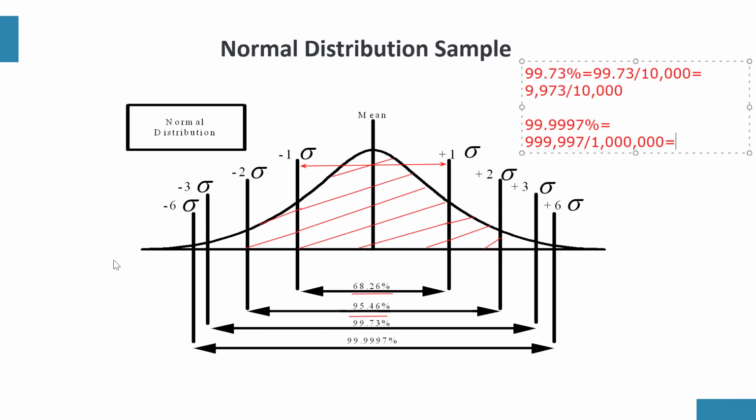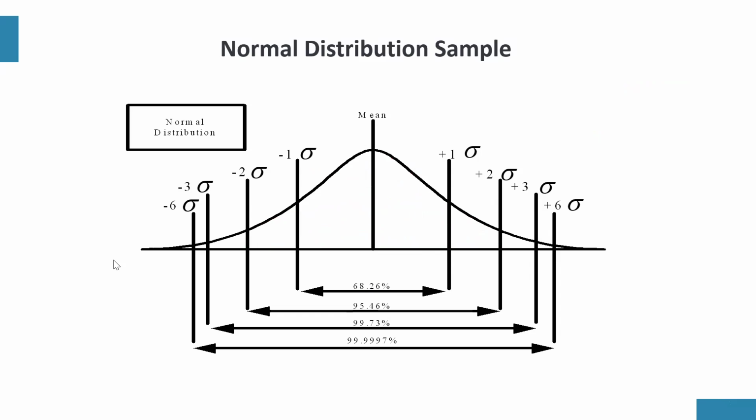If they say you're operating at 3 sigma, just know that they're talking about 99.73% in terms of the proportion of the population that are under 3 sigma. So that's how we use this concept.